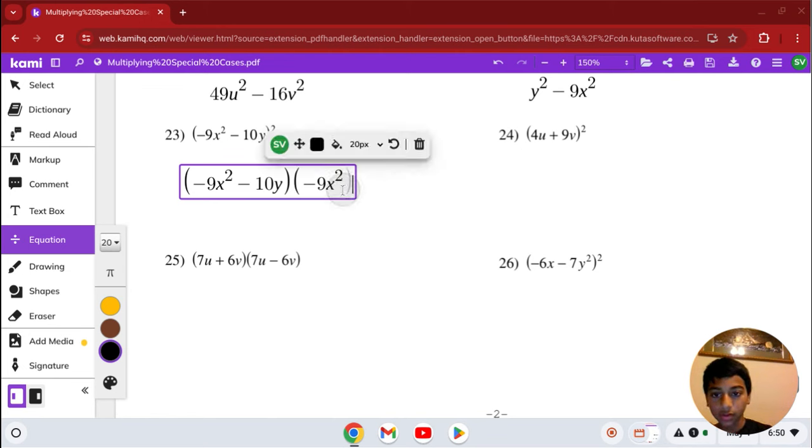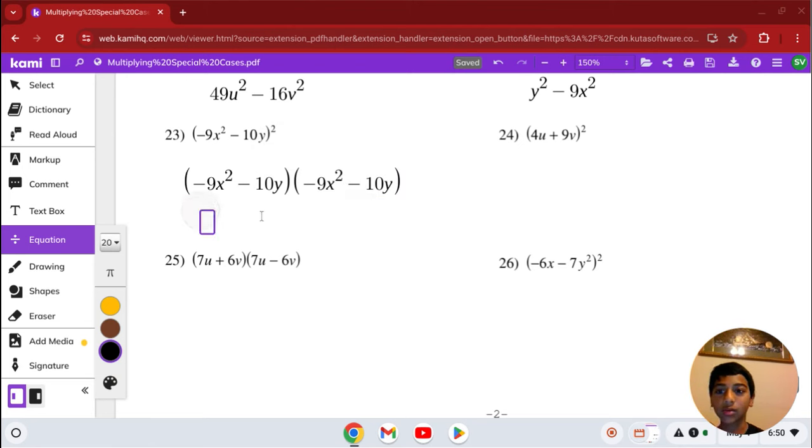Squared, minus 10y. Now we can multiply this out, which is 81x to the fourth, and negative 9x squared times negative 10y is plus 90x squared y, because you cannot combine x squared and y. You can just leave it like that.